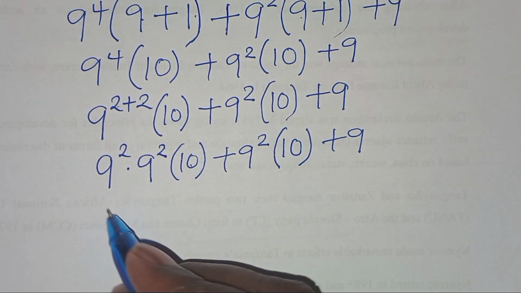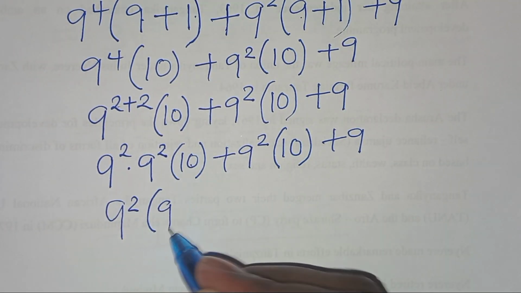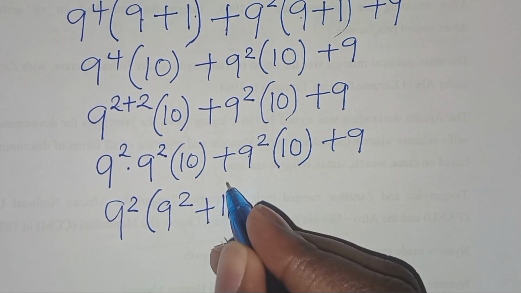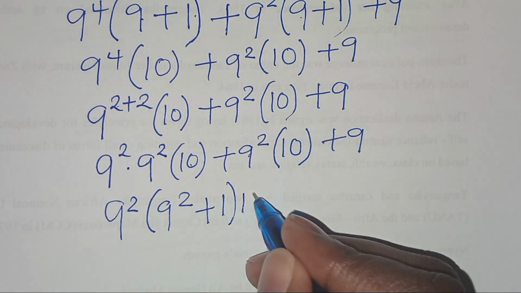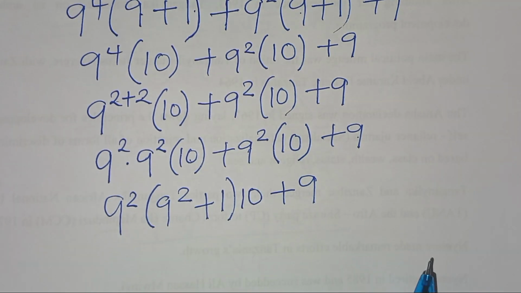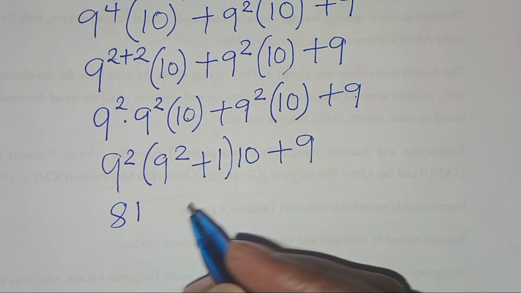So here we can factor out 9 to power 2, so that here we'll have 9 to power 2 plus 1, because 9 to power 2 divided by 9 to power 2 is 1, then multiplied by 10, then plus this 9. So 9 squared is equal to 81.